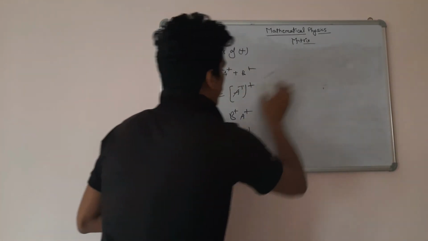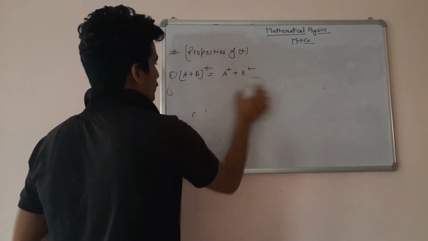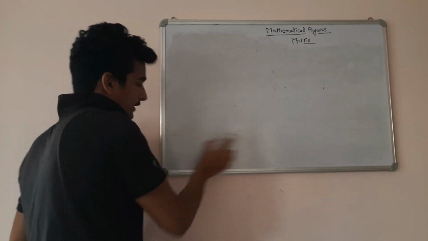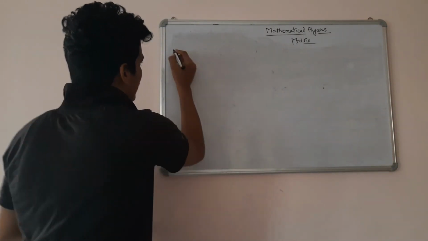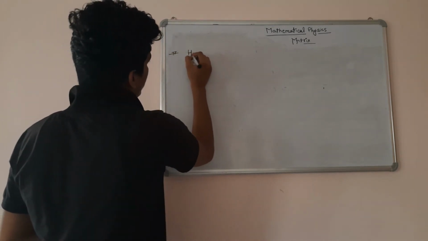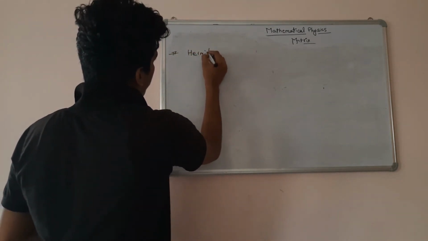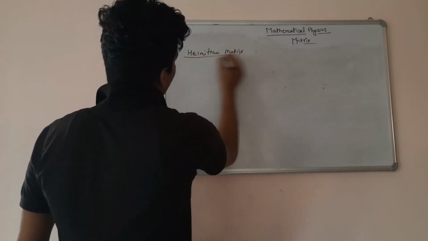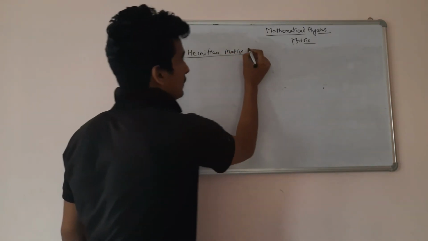Now in the discussion of dagger, we introduce two new kinds of matrices which have great importance, mainly in quantum mechanics. The first one is the Hermitian matrix. So what is the definition of a Hermitian matrix?